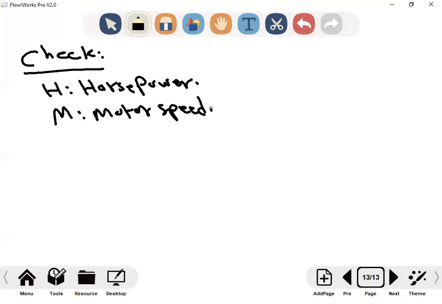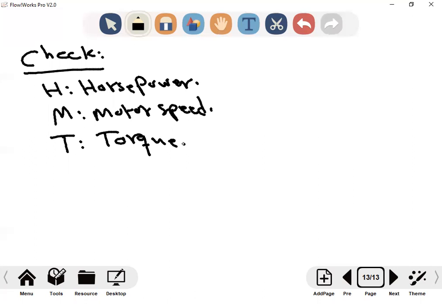So big T is for torque. تمام هيك؟ Still any concepts that we didn't define؟ لا، عندنا الهورس باور والموتور سبيد والتورك، right?